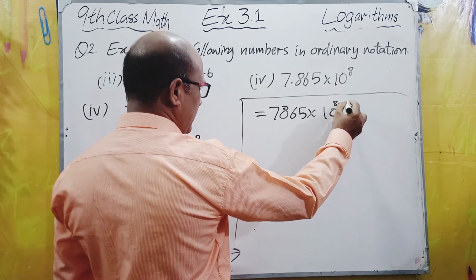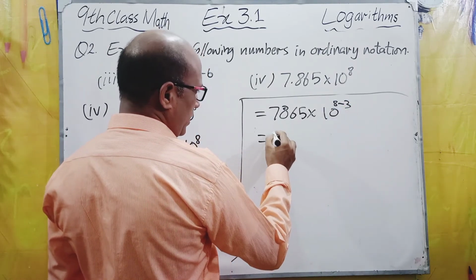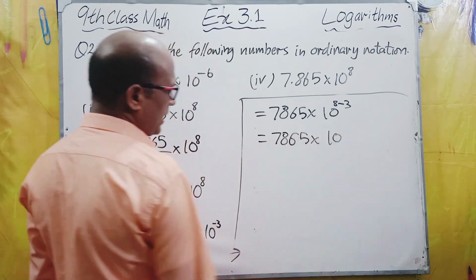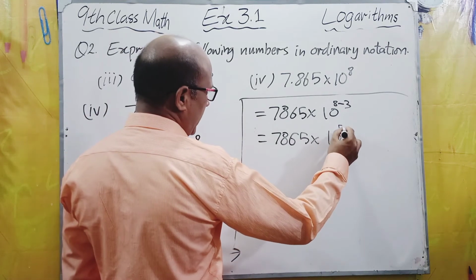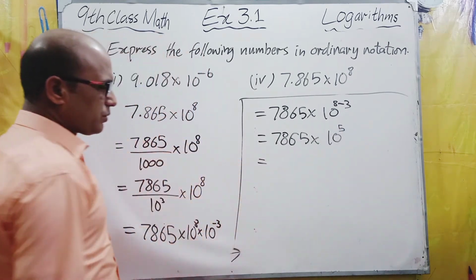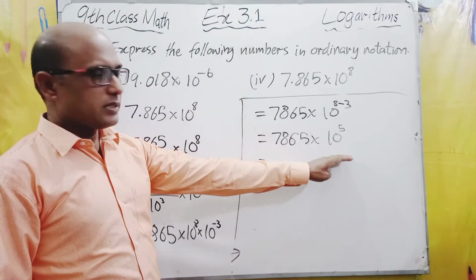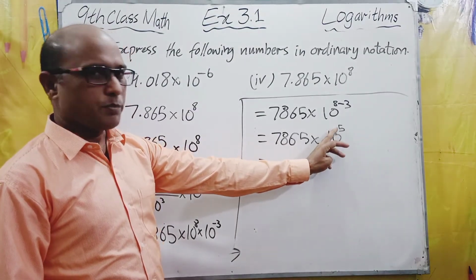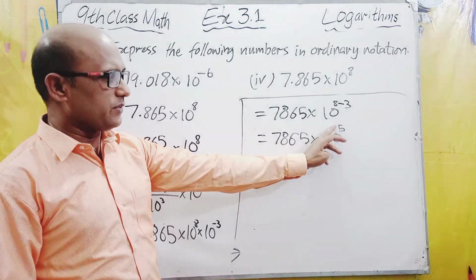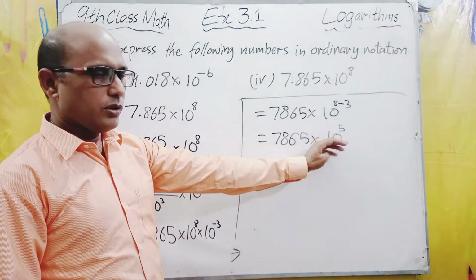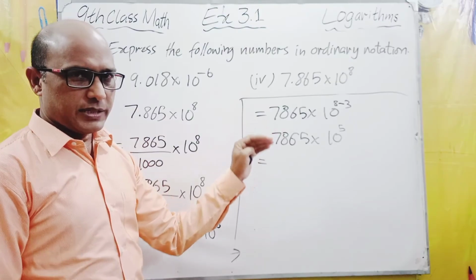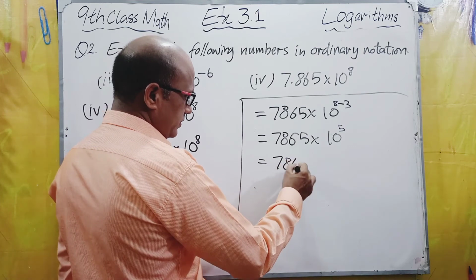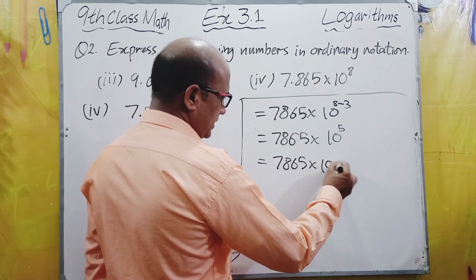Powers will be added. 8 minus 3 will be written, and it will become 10 power 5. And now students, because this 10 power 5, the power is positive, it is not negative, we will not bring it to the denominator. It will stay at the same place.